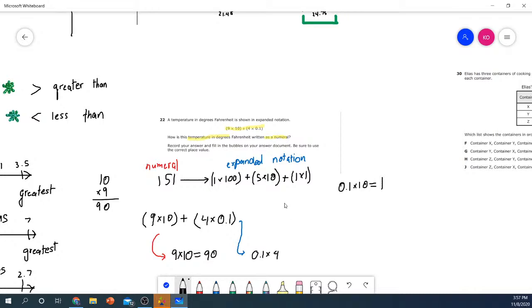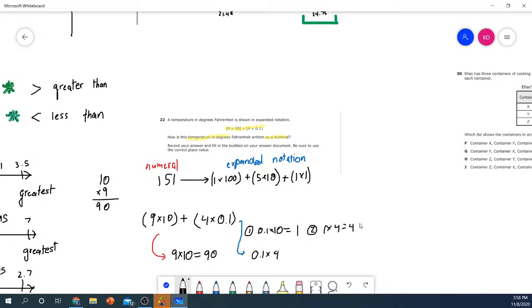That's your first step. Second step, 1 times 4 equals 4.